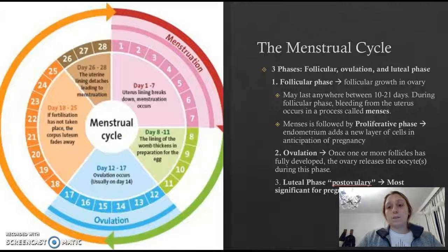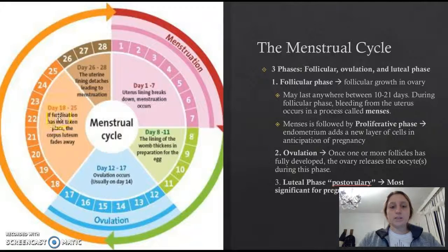This can last anywhere between 10 to 21 days. Bleeding can occur from the uterus in a process called menses, and after the menses, it could be followed by a proliferative phase where the endometrium adds a new layer of cells in anticipation of pregnancy.